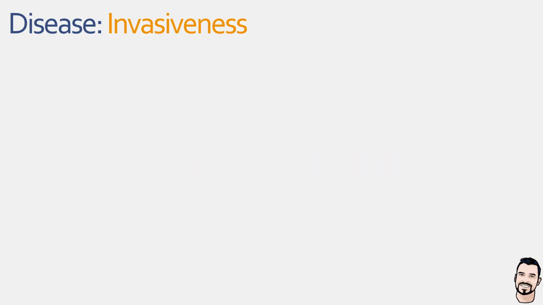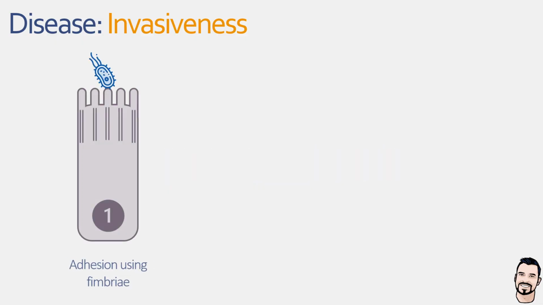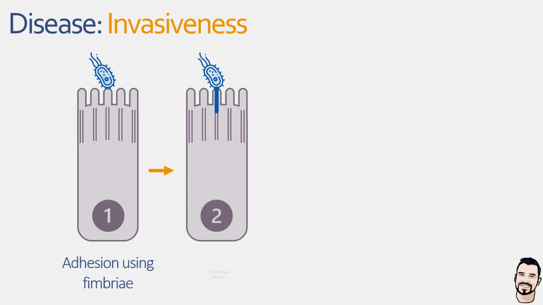And so it all starts when the microbial cell adheres to its target cell using various adhesins such as fimbriae. The bacterium then activates specialized type 3 secretion systems which directly inject bacterial effector proteins into the cytoplasm of the host cell. Now, these effector proteins don't kill the cell immediately.